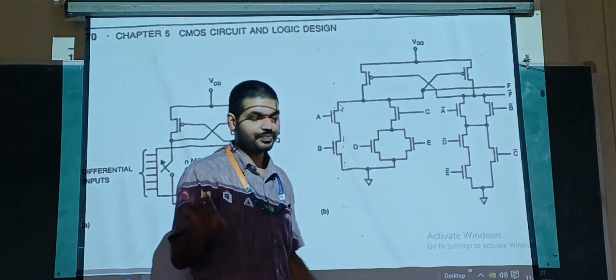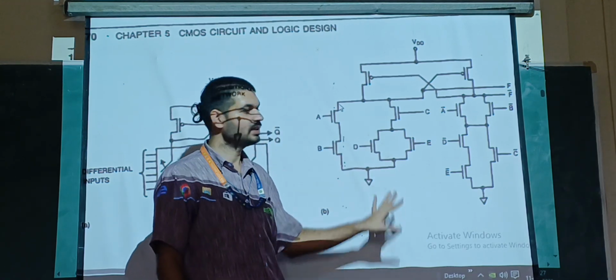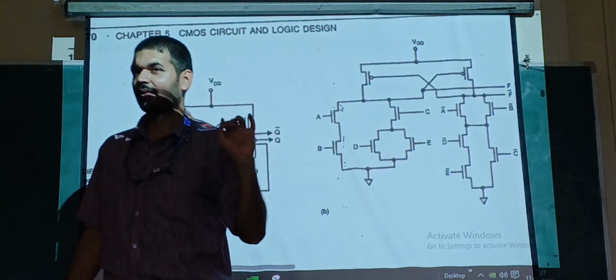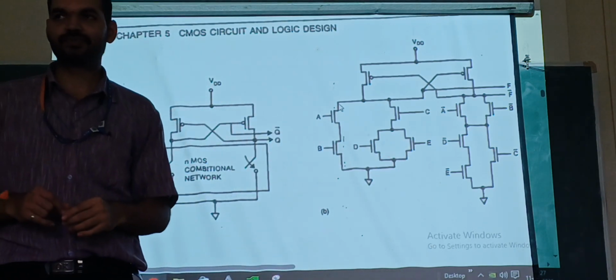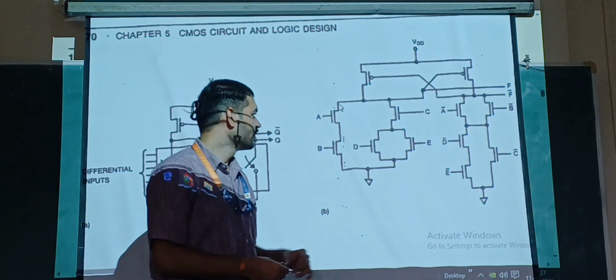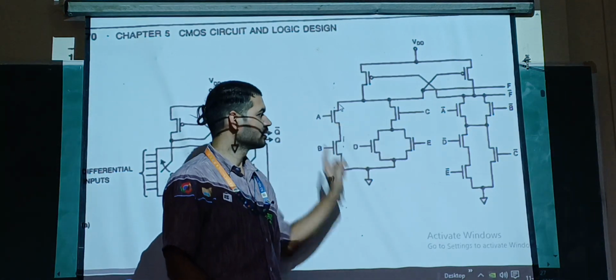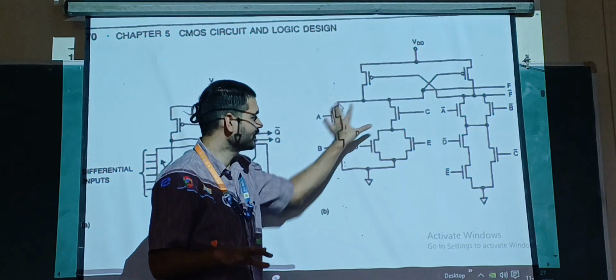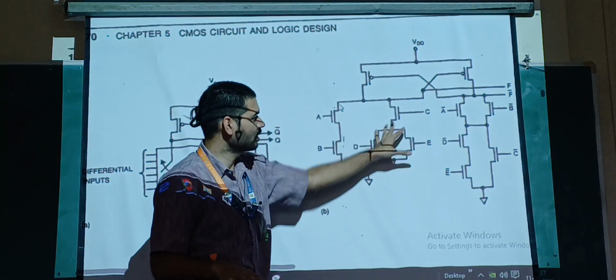Now F is 0. I have assumed initially that all the MOSFETs are on. When are they all on? When all the inputs are 1, A, B, C, D, E are all 1s, then all the NMOS are on.